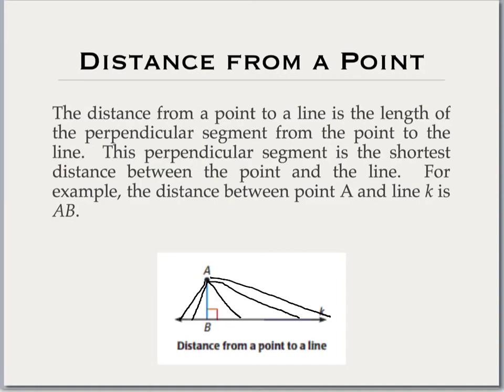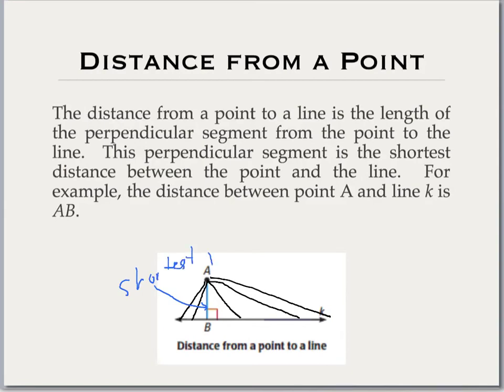Okay. Well, what we do is we say that the distance is always measured perpendicular. So when we start walking towards the wall, we're going to walk straight to it. We're going to walk the shortest distance possible. And it turns out that the shortest distance possible is the segment that makes a right angle with that wall. So the blue segment here is what we call the shortest path.